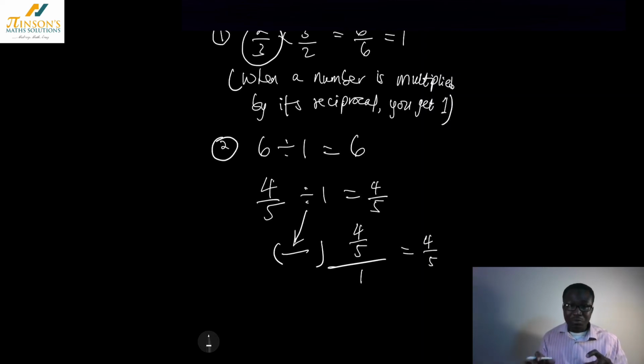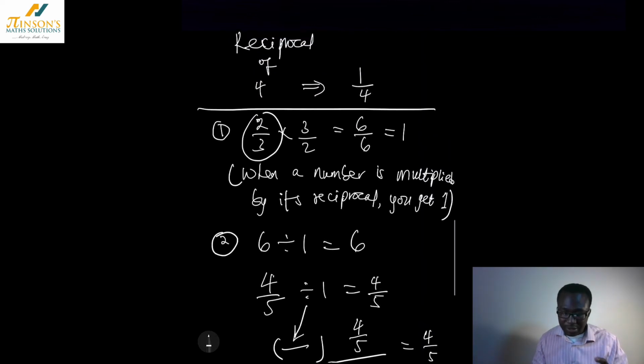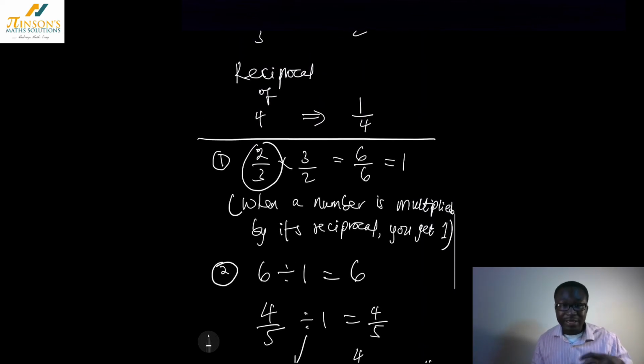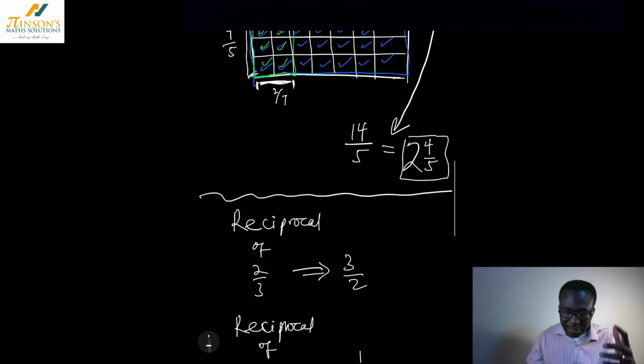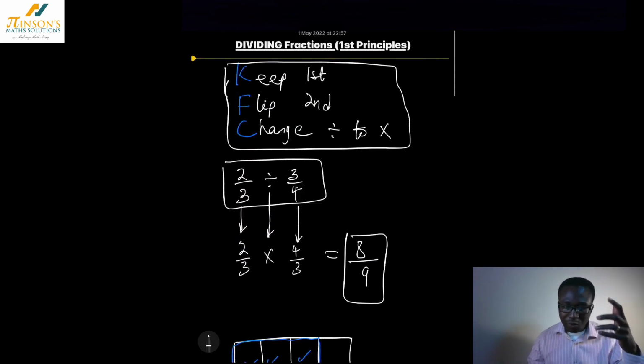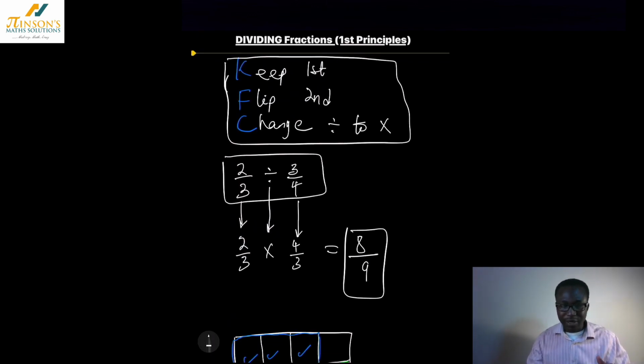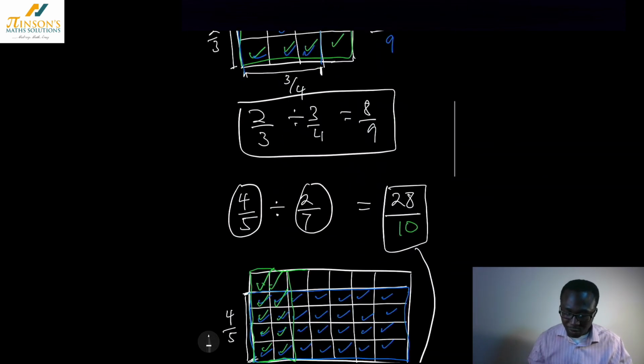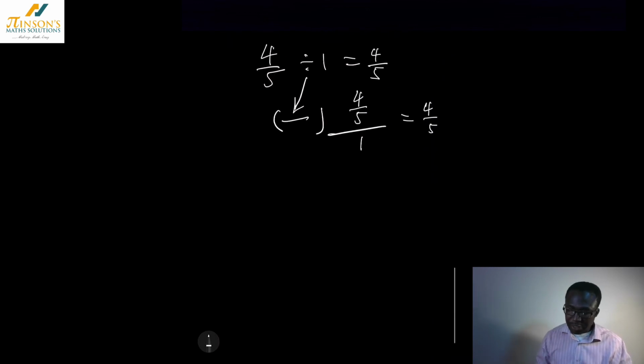Now these are preambles that will help you to understand the second reason why we keep, we flip, and we change the division to multiplication, and we flip the second fraction when we divide fractions. Okay, so let's look at this.